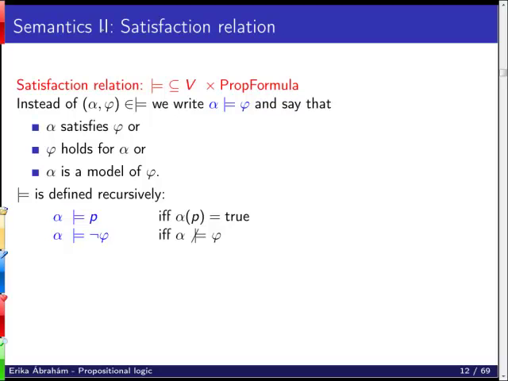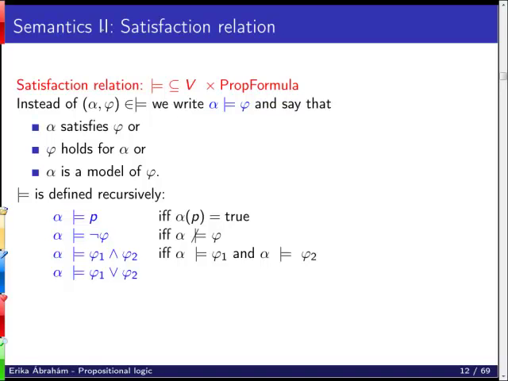Then the next operator that we need is conjunction. Alpha satisfies phi 1 and alpha satisfies phi 2. Exactly. Basically, we are done because these are the basic cases. The rest is syntactic sugar. But in order to be a bit more convenient, we can define it also for the other cases.